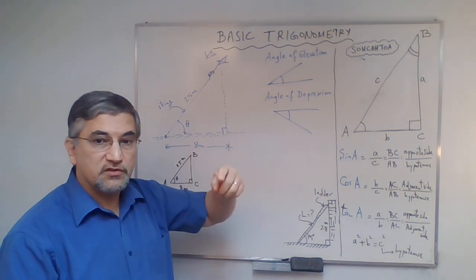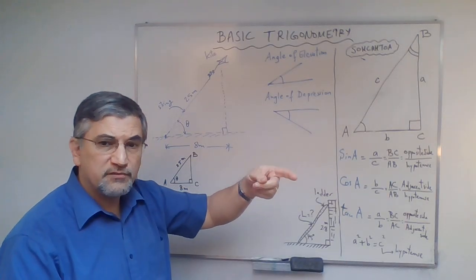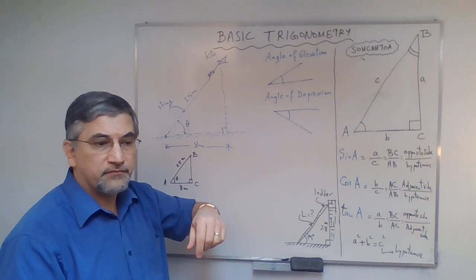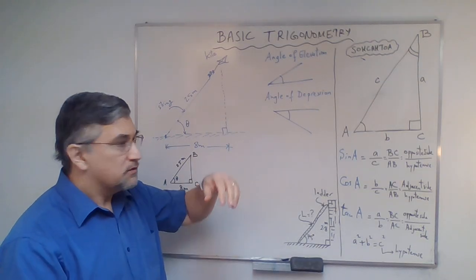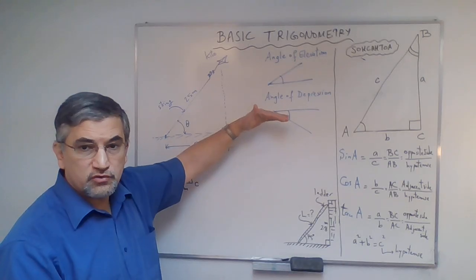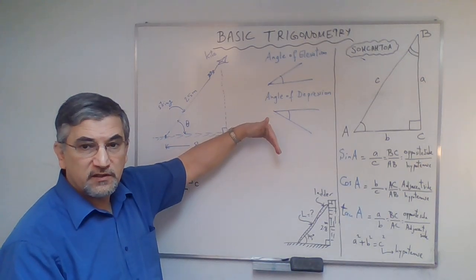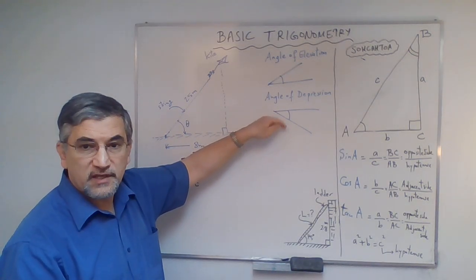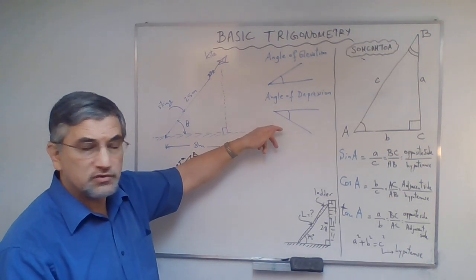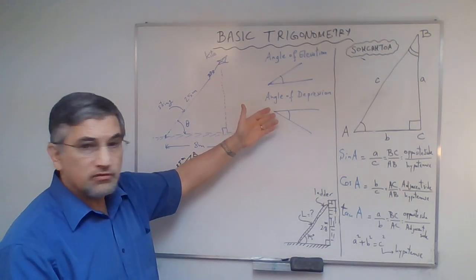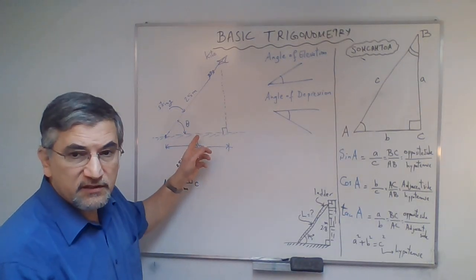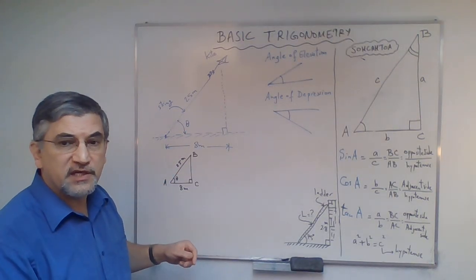But the person inside the airplane looking at the cars on the highways on the ground, that angle between the horizontal line and the line of sight below the horizontal line is called the angle of depression. In different board problems, these terminologies are sometimes used and you have to know their meanings in order to be able to draw the diagrams. So this angle here is the angle of elevation, sometimes known as the angle of inclination as well.